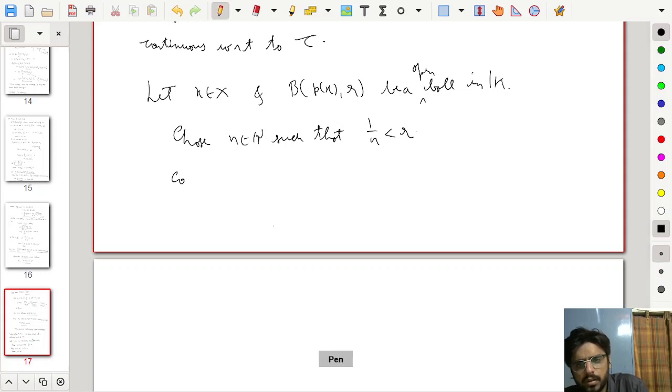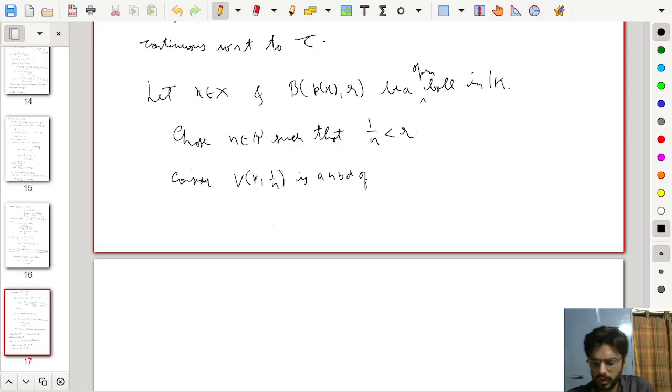Consider V of p comma 1 by n. This is a neighborhood of 0. Okay, this may not work. Let me see. I'm not sure if this will work. Consider V of p comma 1 by n, which is a neighborhood of 0.